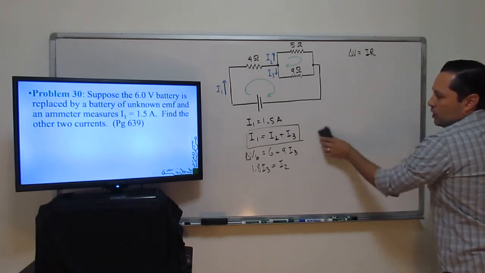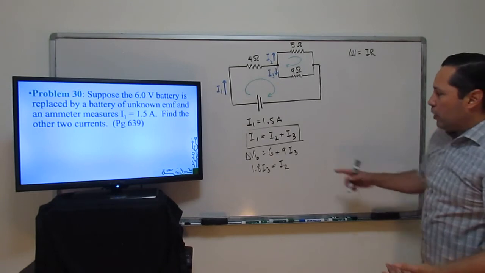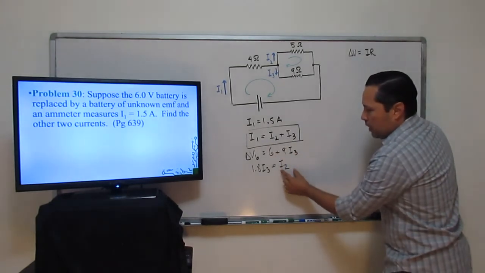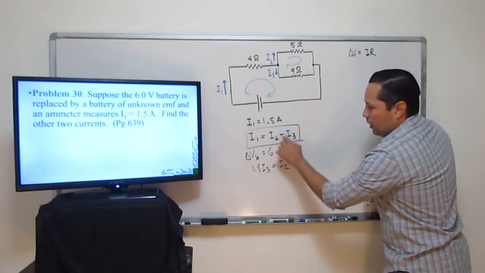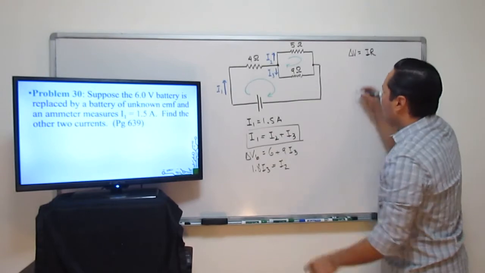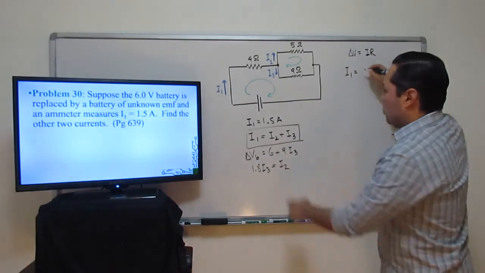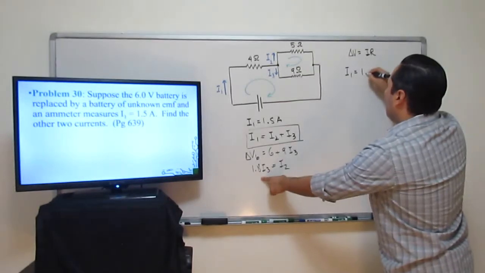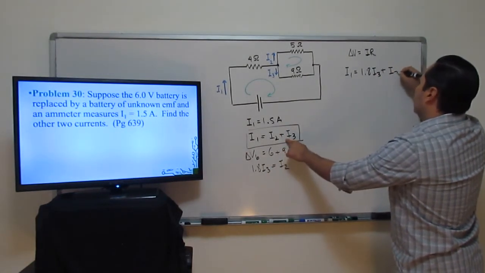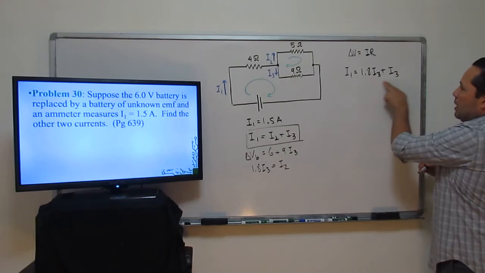Now we can start solving for the currents I2 and I3. What I'm going to do is substitute I2 here. So now I'm left with this. I1 is equal to I2, which we're going to substitute 1.8 I3, plus I3. Now I'm going to add both of those together.